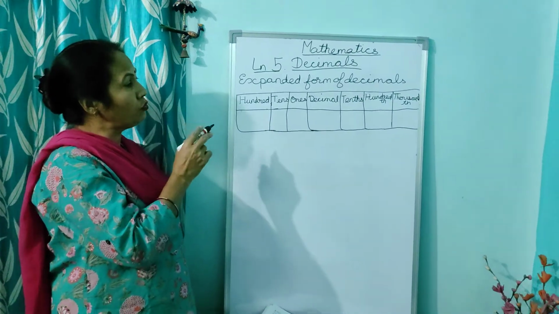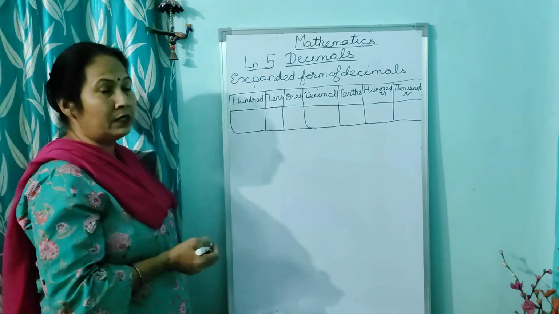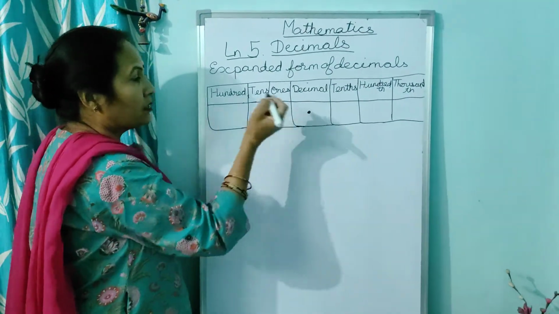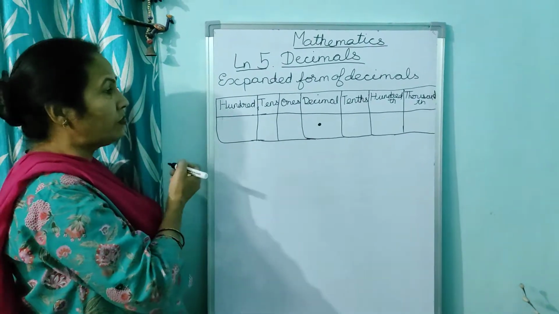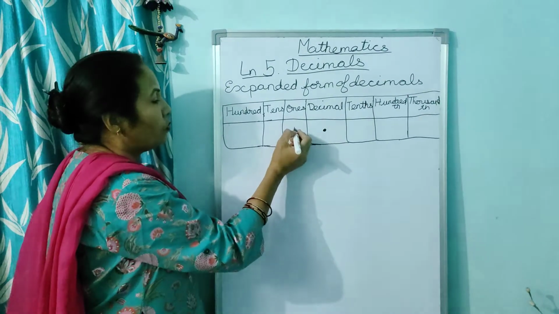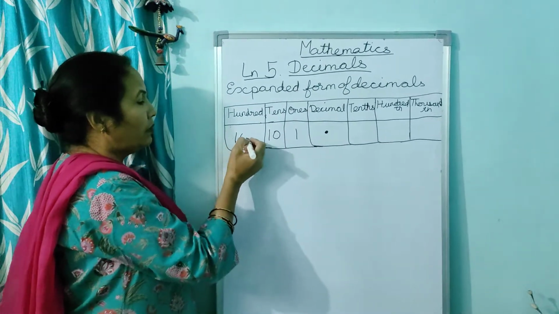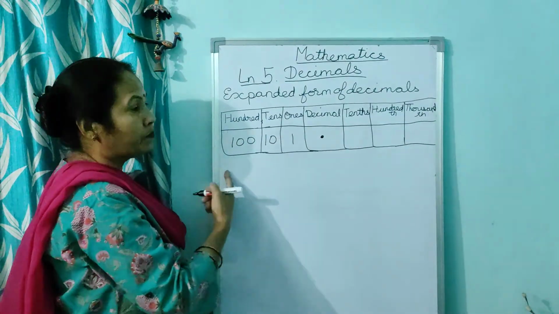Now I am going to show you again how the chart is prepared. This is the decimal point. Before the decimal point, that is on the left side, you have whole numbers, that is 1, 10 and 100. So these are whole numbers.